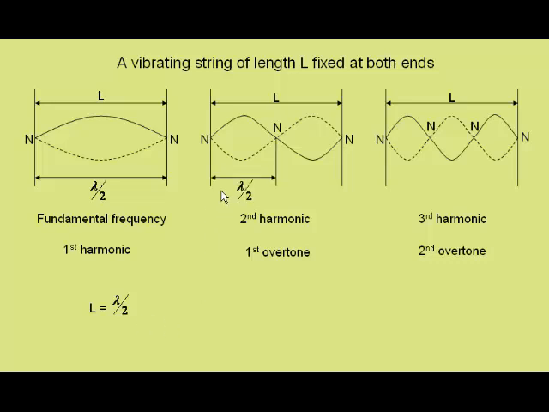Here lambda over 2 takes us to half L, and so we have that L equals 2 lambda over 2, or L equals lambda. We have one complete wave within the length L. This now is our lambda over 2, and we have 1, 2, 3 lambda over 2's within our length L. So we can write that L equals 3 lambda over 2.